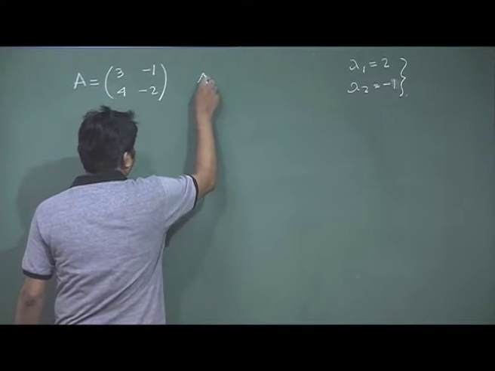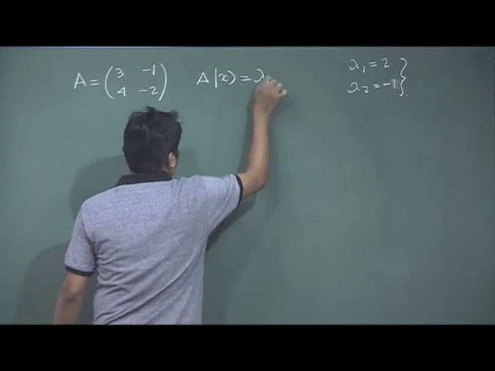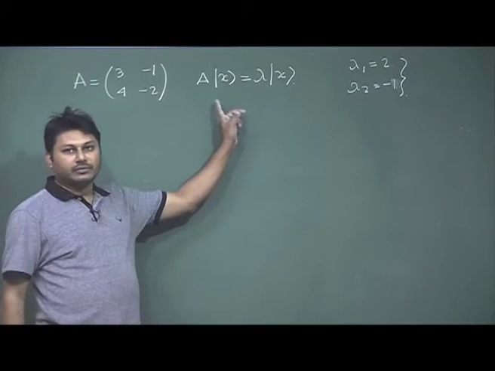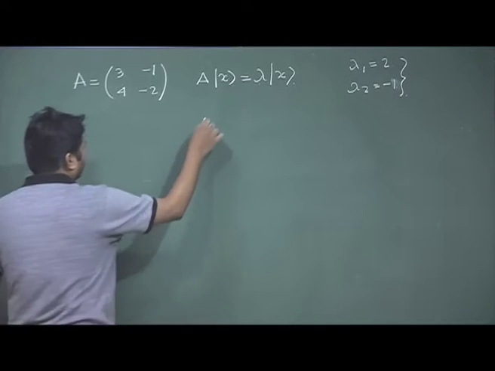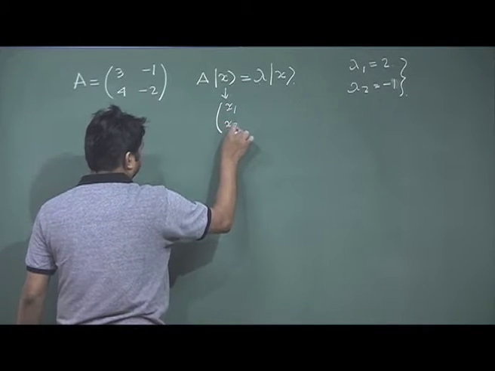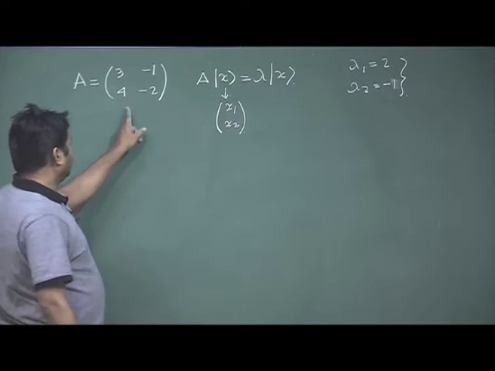So if you remember, my equation was something like this, the eigenvalue equation. For a 2 by 2 matrix, this is x1, x2 that I need to find out. A is this value.